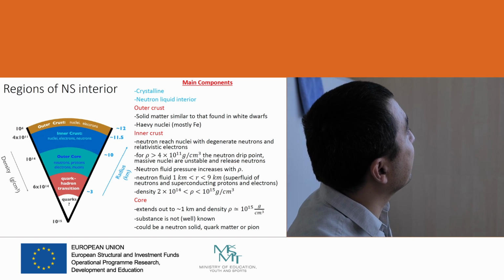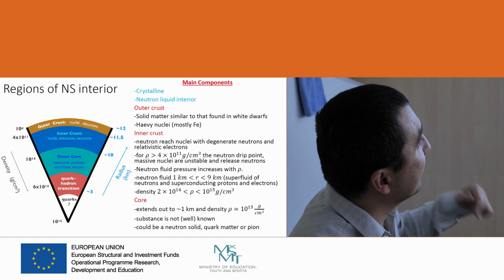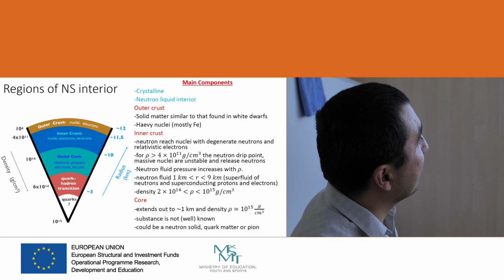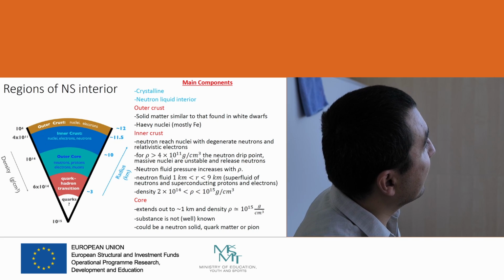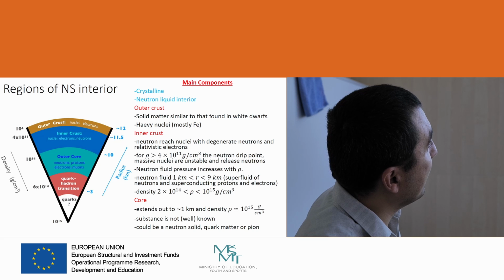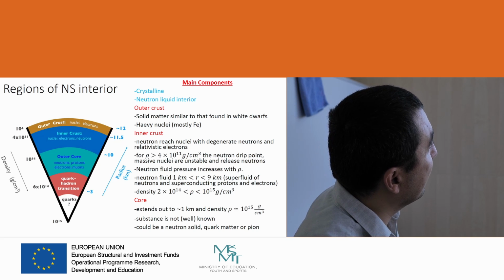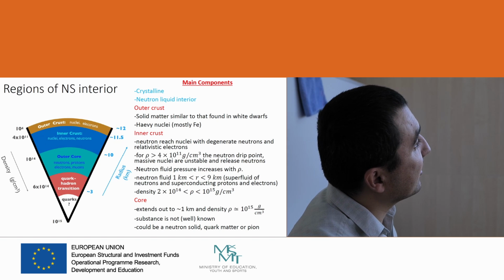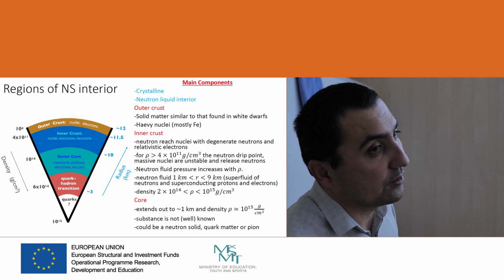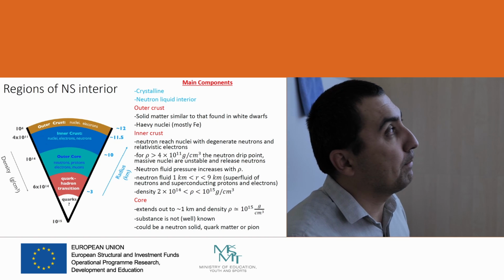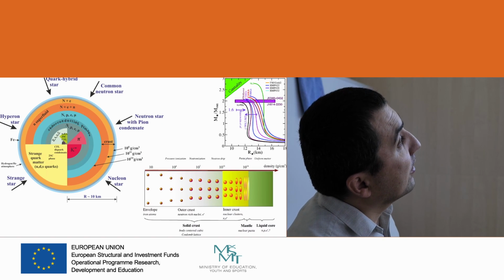The density of the star increases as we go deeper, and as we say, the quark-hadron transition and the quark model part, the core part, is still unclear, and it purely depends on nuclear models of the neutron star.